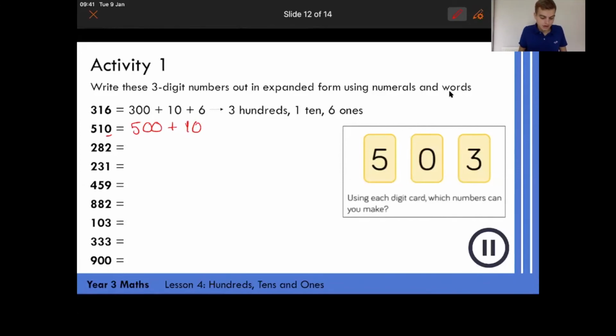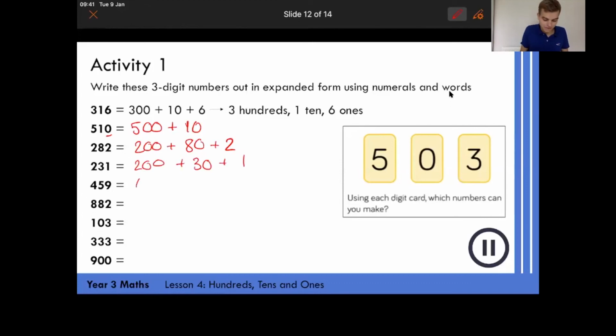Fantastic. Here, 282, I've got 200, add 80 because that's 8 tens, add 2 ones. Fantastic. 231. Got 200, add 30, add 1. 200s, add 3 tens, add 1 one.